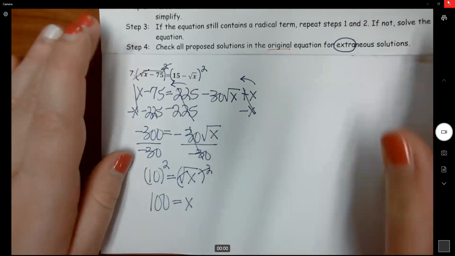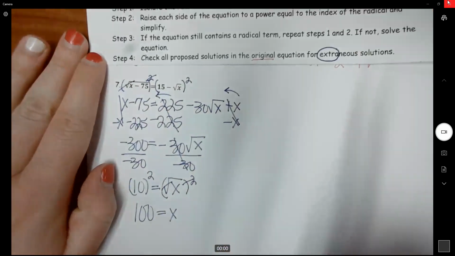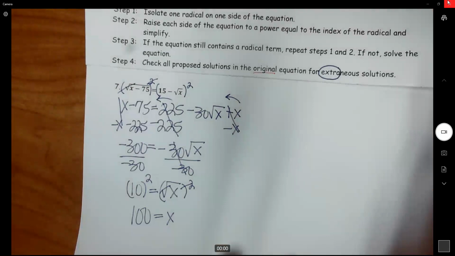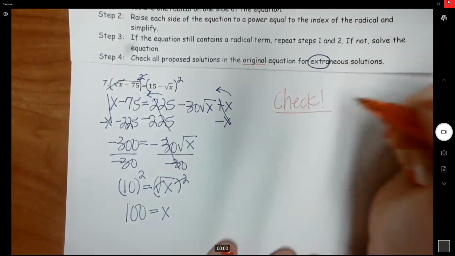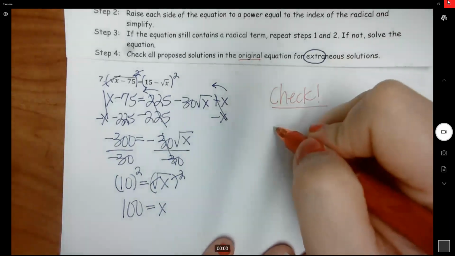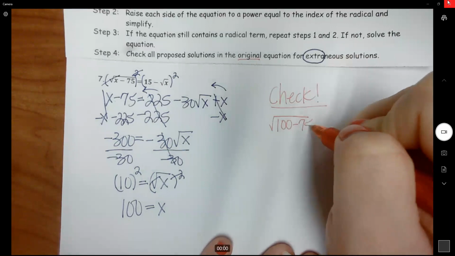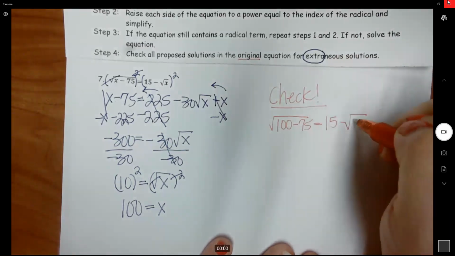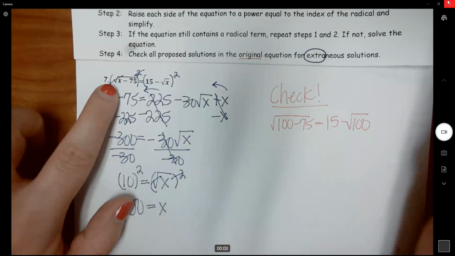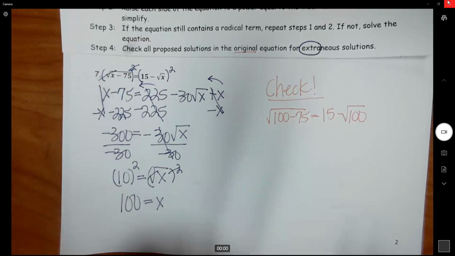All right, before we are done, we need step 4, which is to check my solution into the original to see if I got an extraneous solution. So we get the square root of 100 minus 75 equals 15 minus the square root of 100. I replace both x's with what I think my answer is.